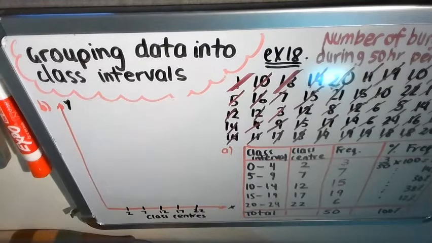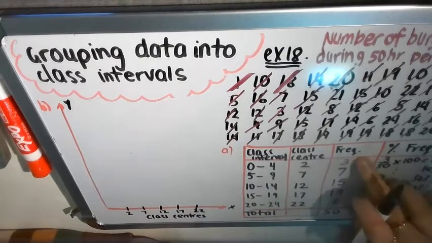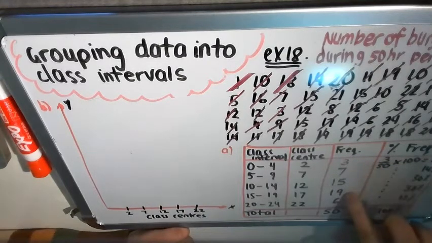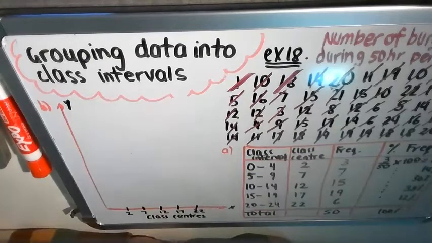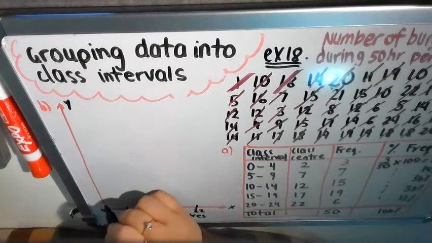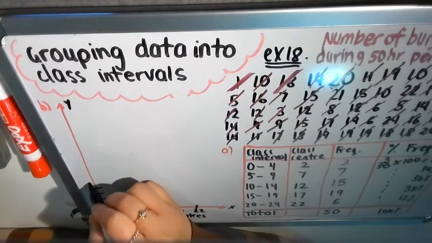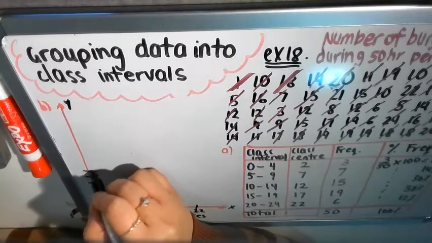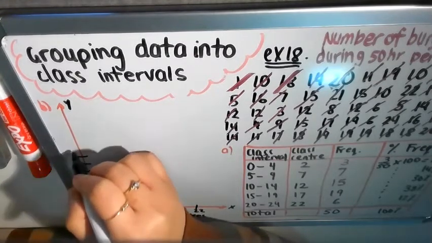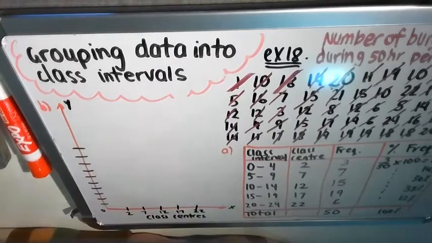And then we have our frequencies. The frequencies lie between 3 to 19. So I would go up by probably 2. Maybe that'll be accurate, even though it's a bit cramped. 2, 4, 6, 8, 10, 12, 14, 16, 18, 20.